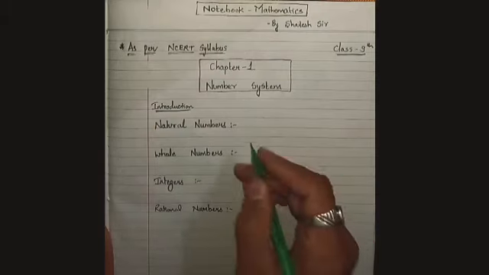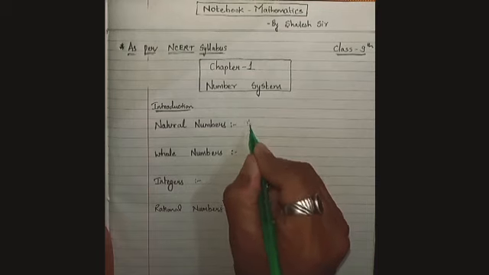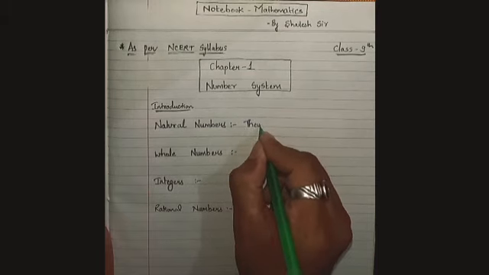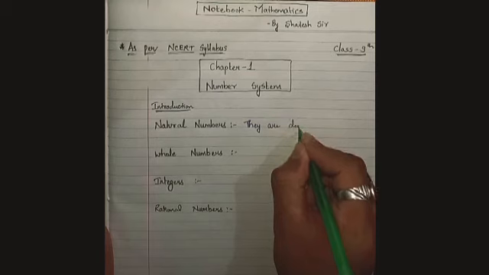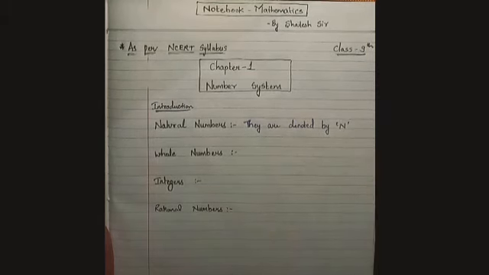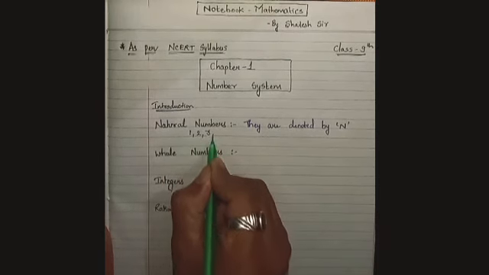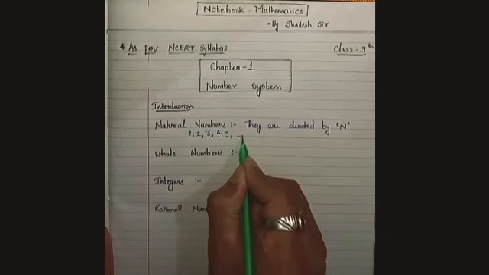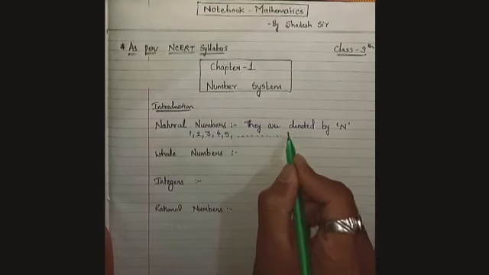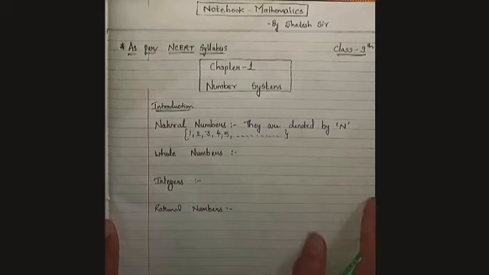So these numbers in mathematics are denoted by a set of natural numbers, and they are denoted by N, and they start from 1 to all the positive numbers like 1, 2, 3, 4, 5, 6, 7 and so on.